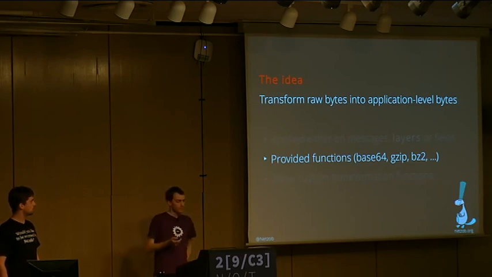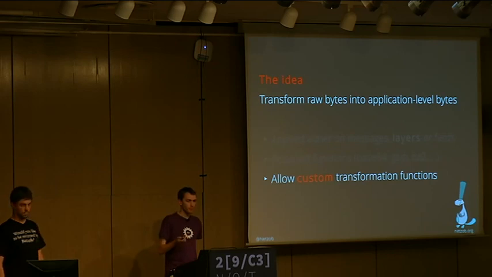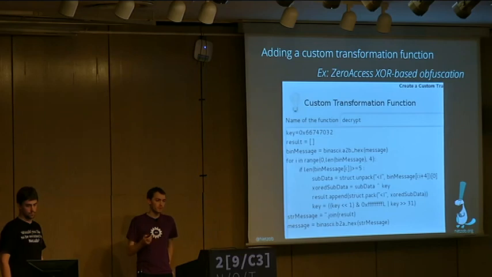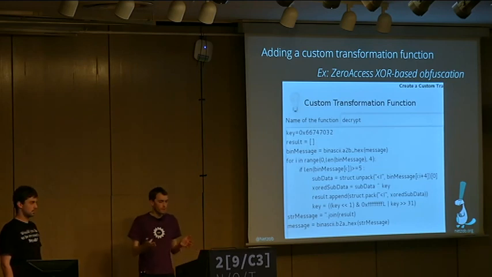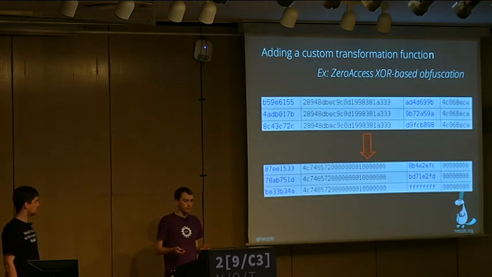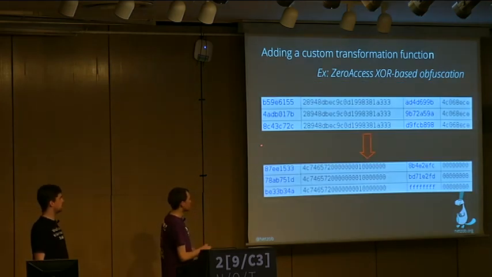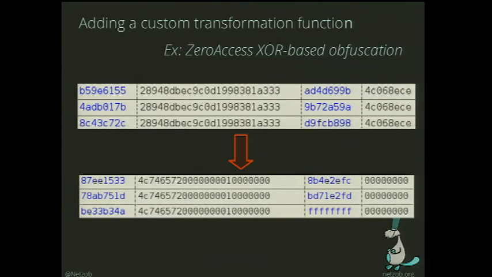What is interesting here is that you can add your own custom transformation function. This is what we did for the ZeroAccess botnet communication channel, because it uses a really simple XOR-based obfuscation function. So inside NetHub, you can add your own code in Python, in the graphical interface, to transform raw messages into clear text messages. And then you can work on it to understand the meaning of the field.